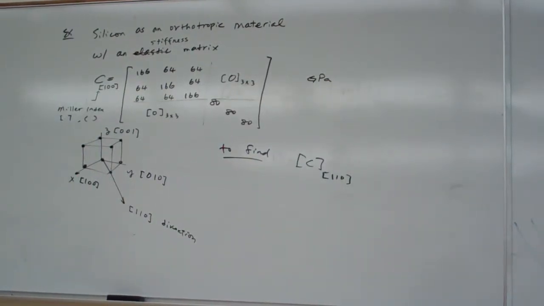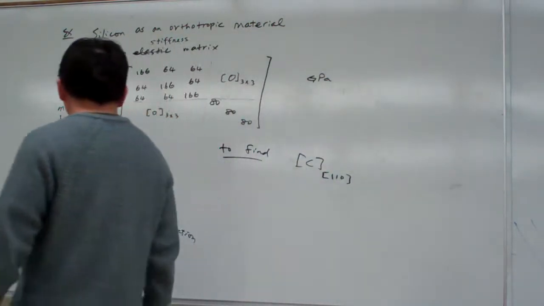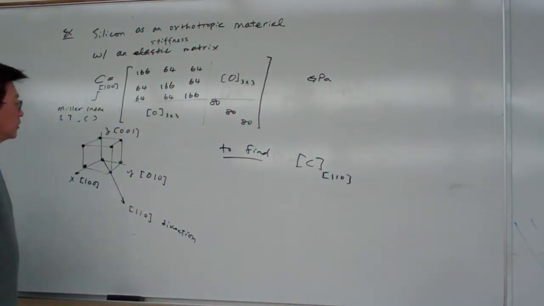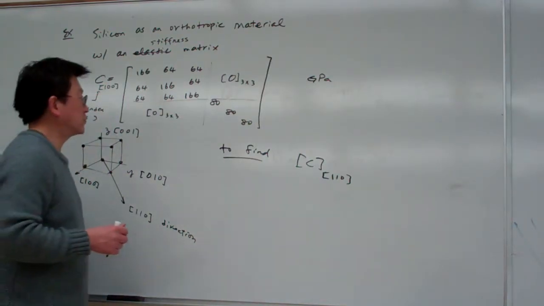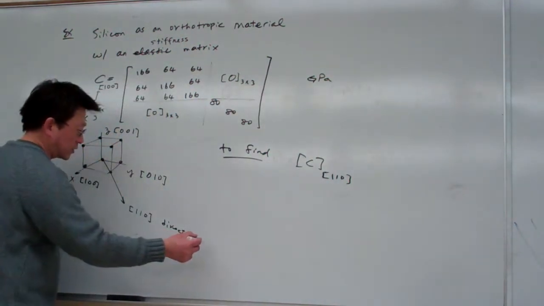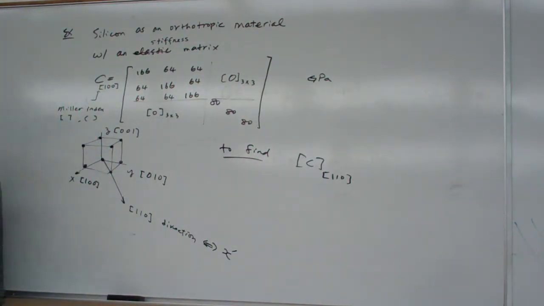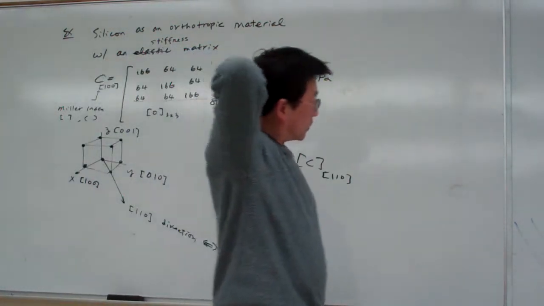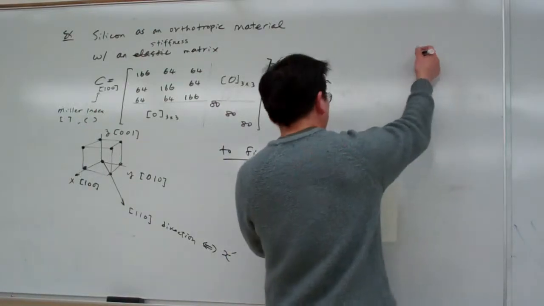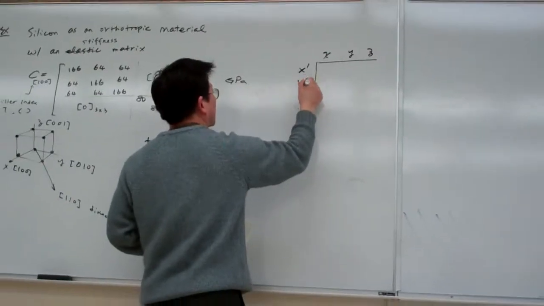try this. Again, we build up the transformation table, and for example, let me say the x, y, z, and the 1, 1, 0 direction corresponds, for example, this one corresponds to x prime. And we take the right hand rule. If we define this x prime accordingly, we can find the y prime and z prime. So based upon this one, we can have the table x, y, z, and x prime, y prime, z prime.